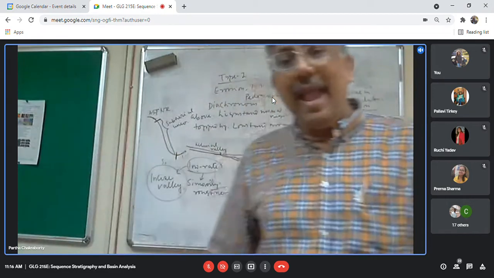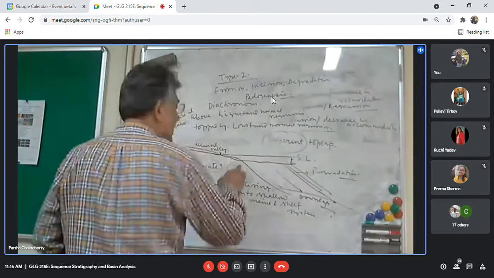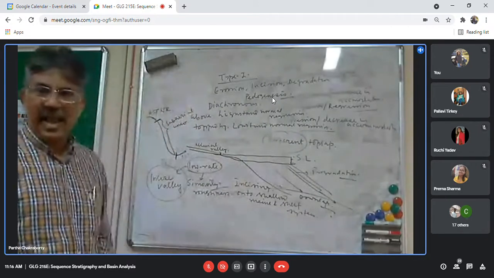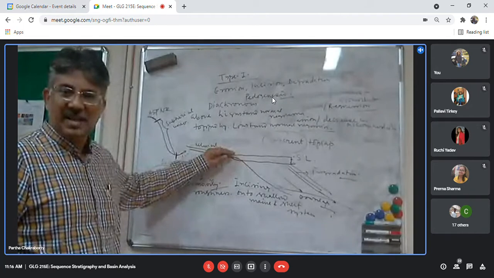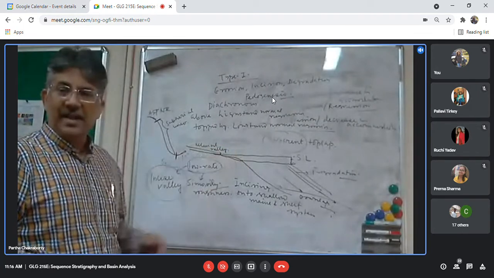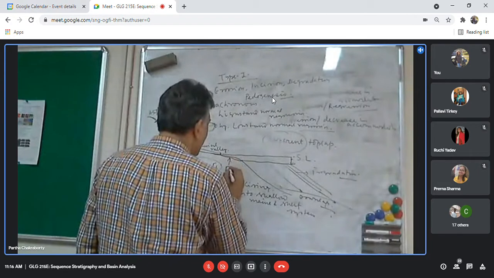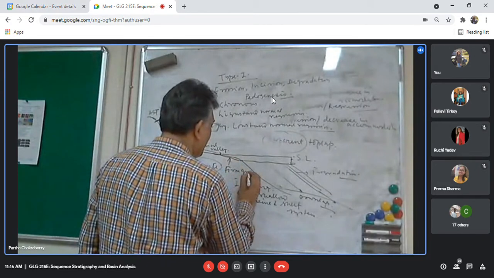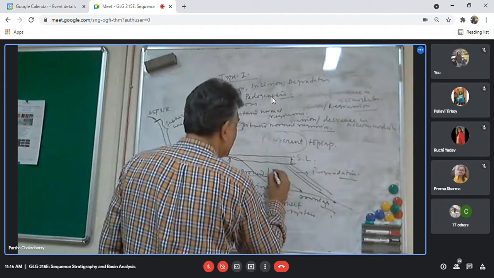Another thing that we get: as the surface gets exposed, and above which the river is coming, this surface normally creates a firm ground, and there are different kinds of trace fossils.